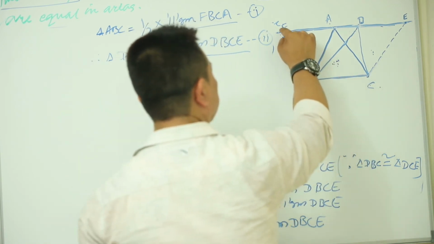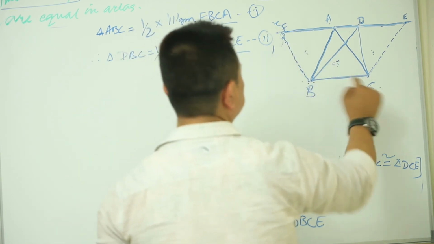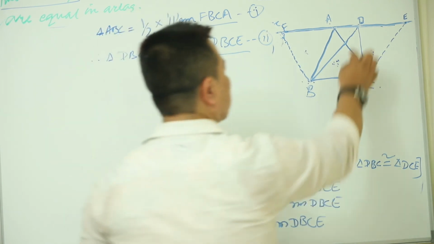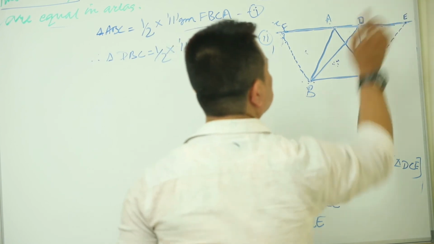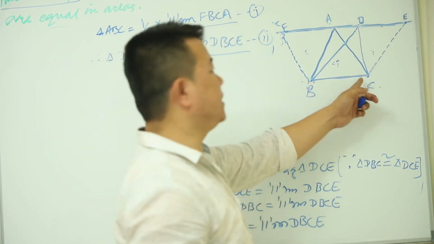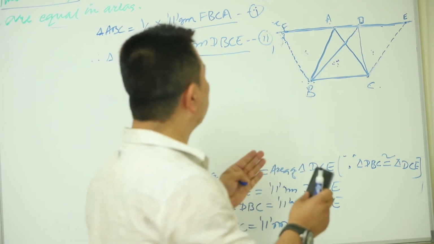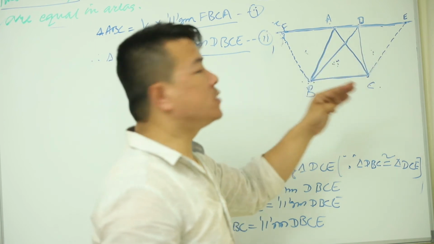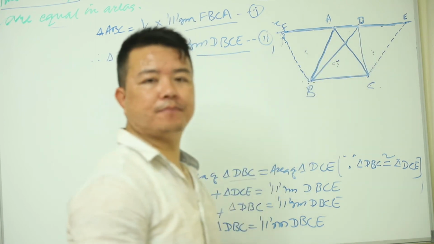And another parallelogram DBCE is also a parallelogram and its base is also BC. That means you come to the conclusion that these 2 parallelograms stand on the same base BC.